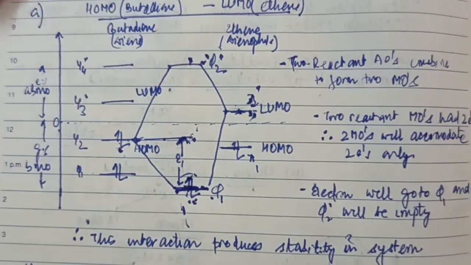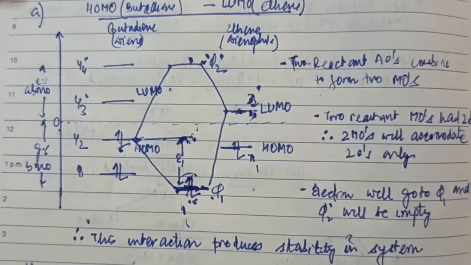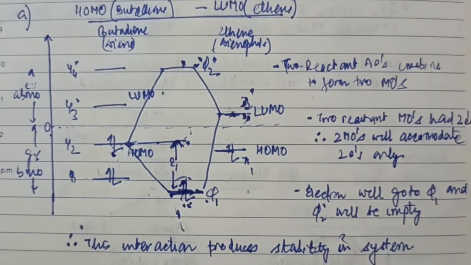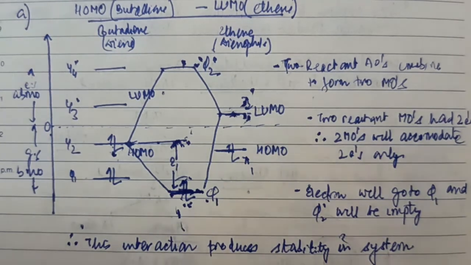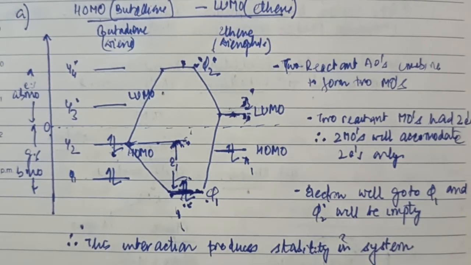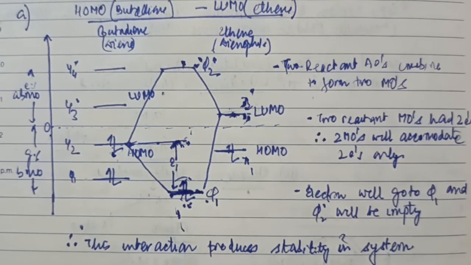This is very simple. The extent of stabilization and destabilization is controlled by the extent of overlap, or you can say the extent of perturbation between the atomic orbitals. If the energy gap between the 2 interacting orbitals is less, their extent of interaction or perturbation will be more, and if the perturbation is more, the extent of stabilization and destabilization will be more.